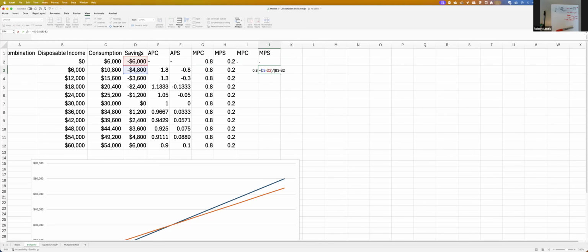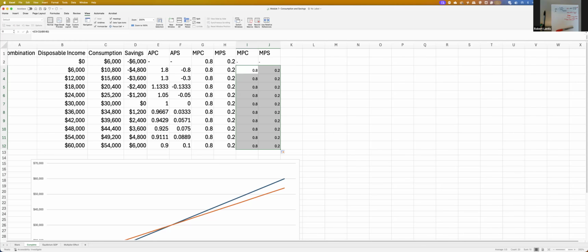Oh, I forgot a parenthesis here, didn't I? That would give me that 0.2. And then if I did that here, I should always get those same values. So I get the marginal values. Any questions there before we keep moving?